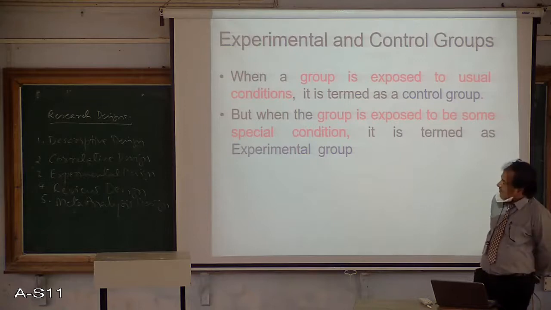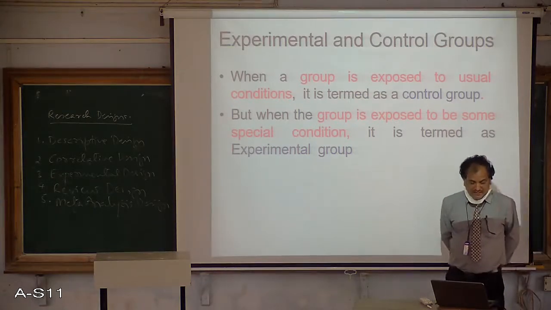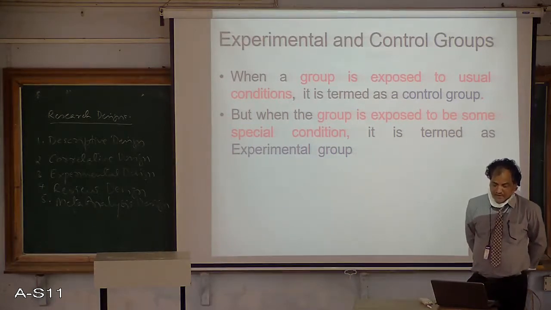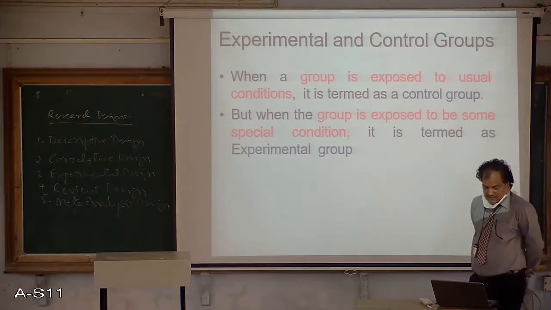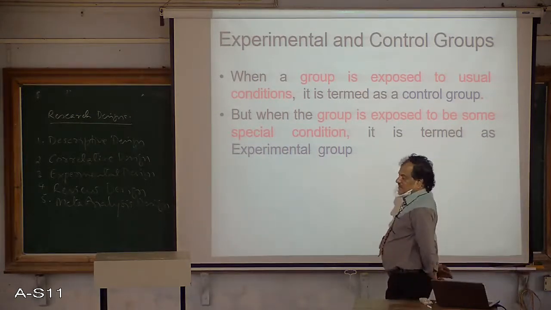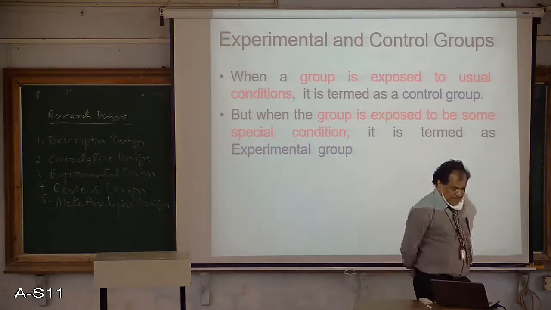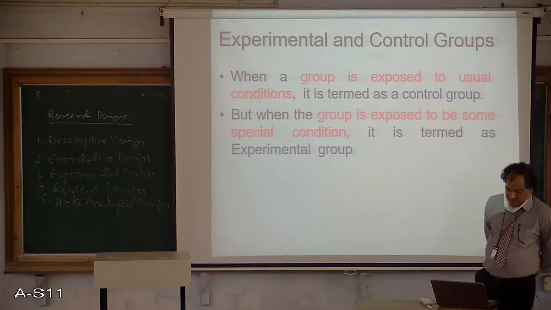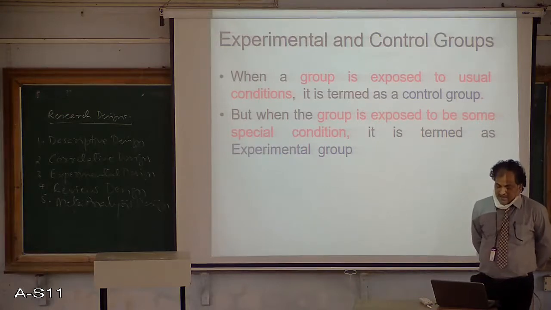The next important concept in research design is experimental and control groups. When a group is exposed to usual conditions, it is termed the control group. Sometimes the group is exposed to conditions which are favorable to the particular study, not unusual or unfavorable conditions.